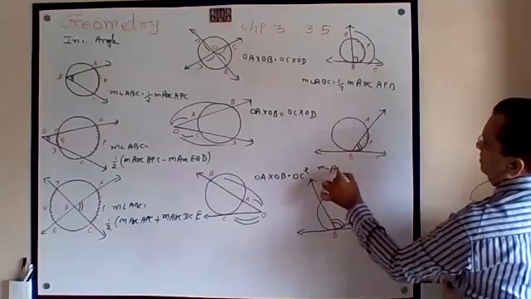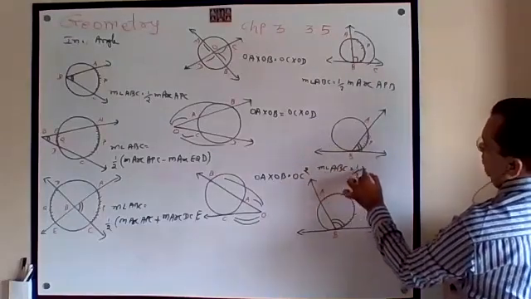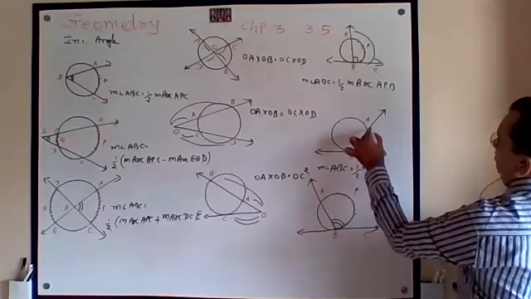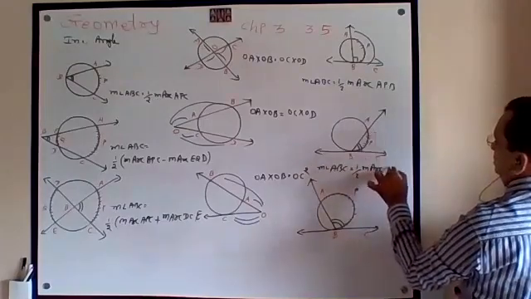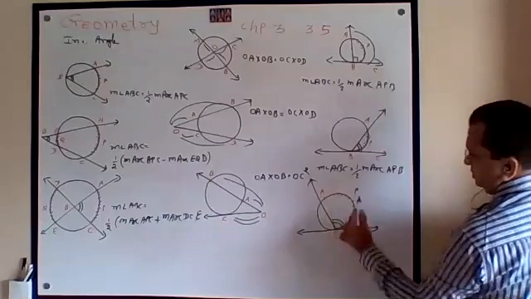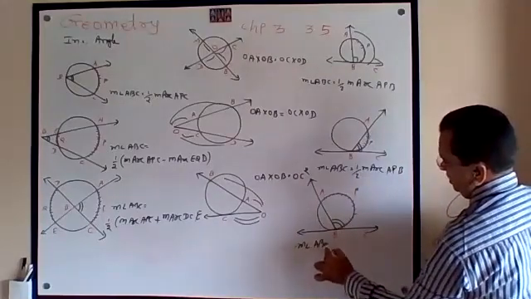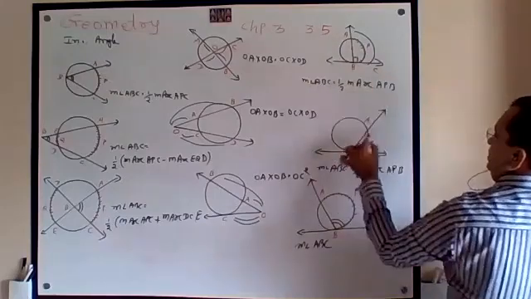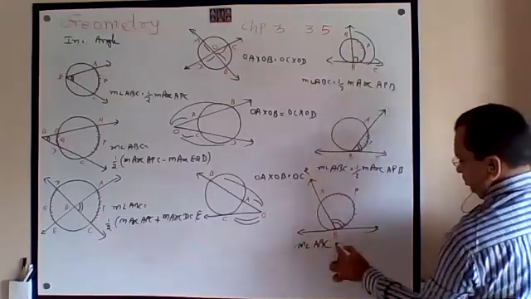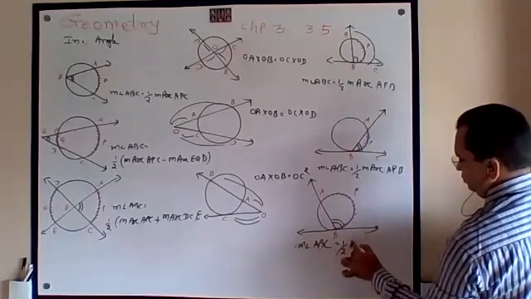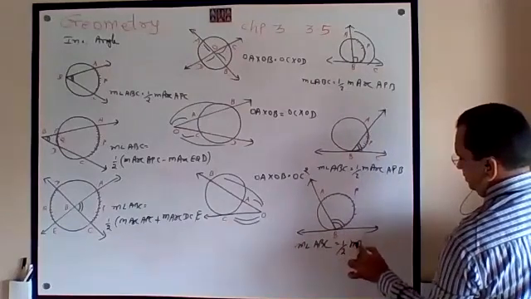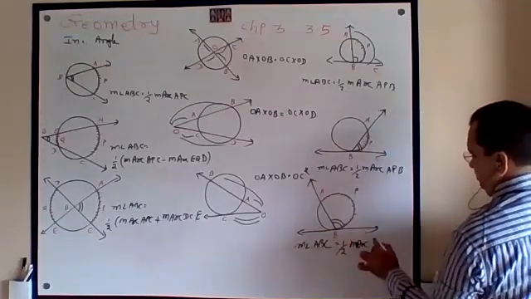So measure of angle ABC again is half of arc APB, sorry. Again for the obtuse angle, arc APB.